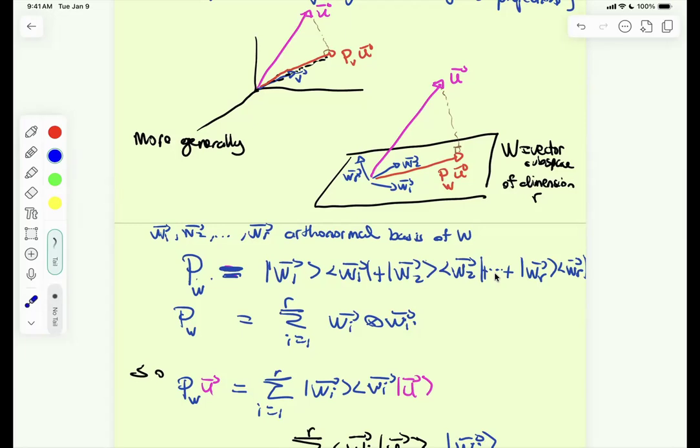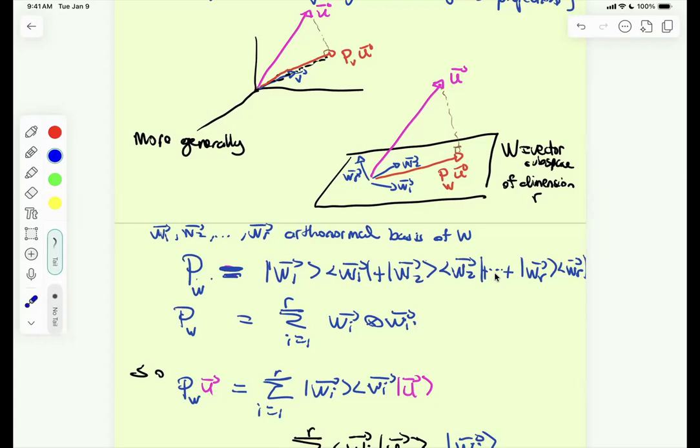Because this is an orthogonal projection, if you think about the dot product in terms of the product of the lengths and the cosine of the angle, the fact that it is orthogonal tells you that you can just replace PW of u with u. I can tell you more about that with numbers, but it's not too bad. It is plausible once you think about what an orthogonal projection is supposed to be.